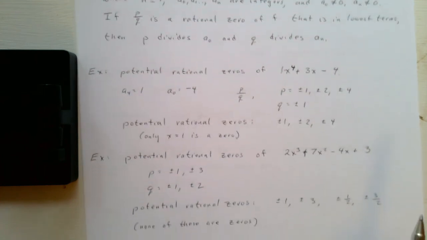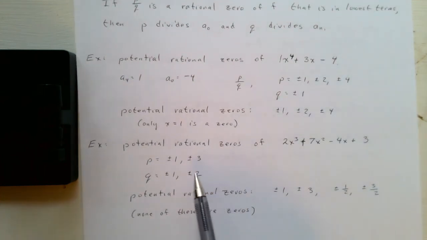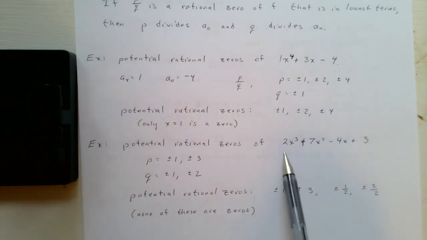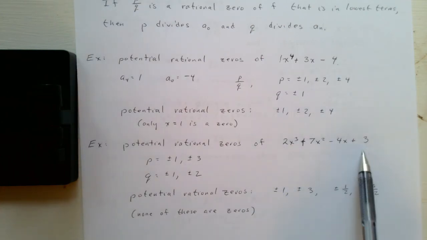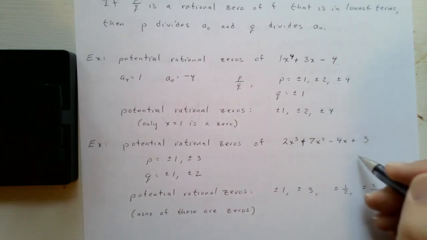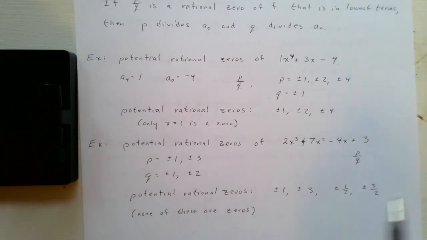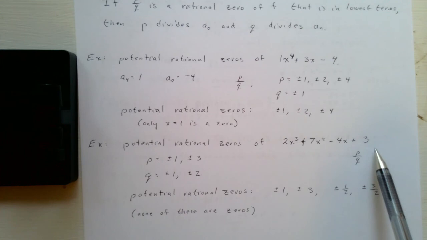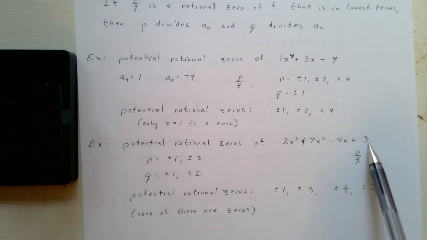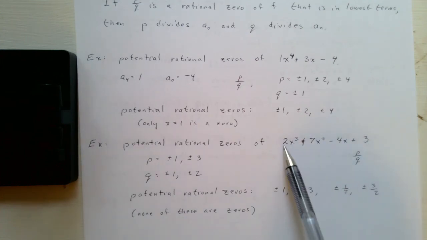In the next example, if we want to find the rational zeros of this polynomial, we're looking at numbers p over q, where p is a factor of 3 and q is a factor of 2.